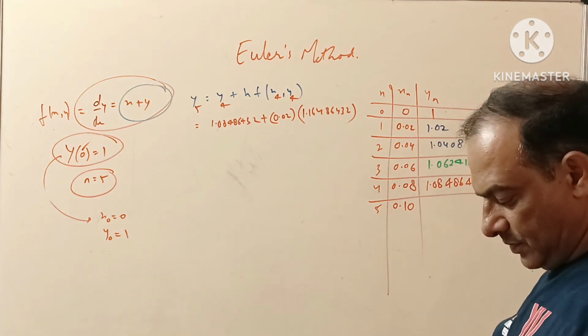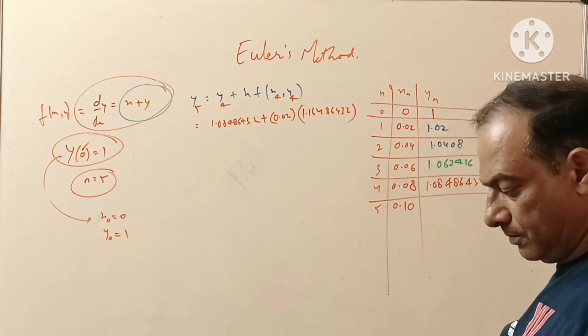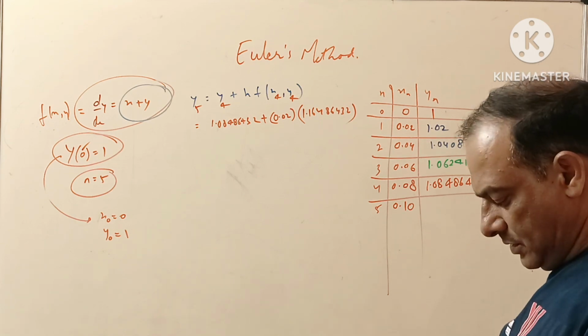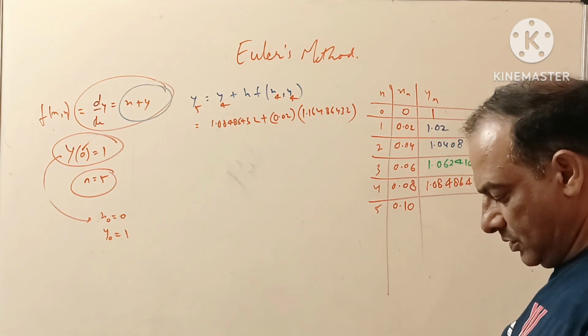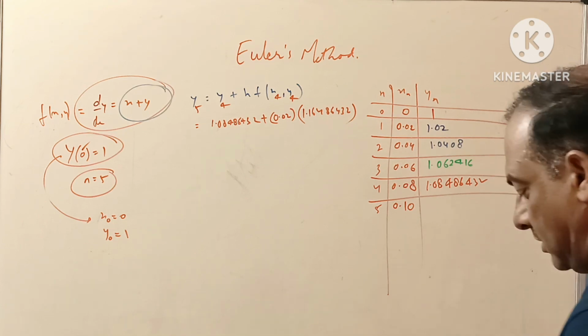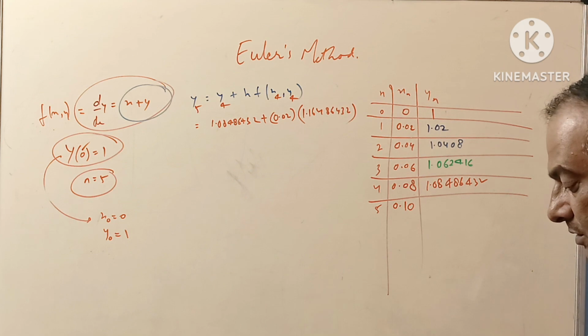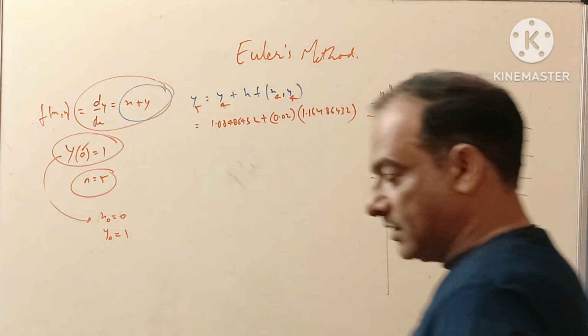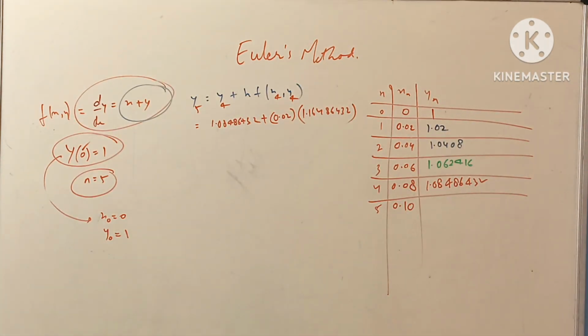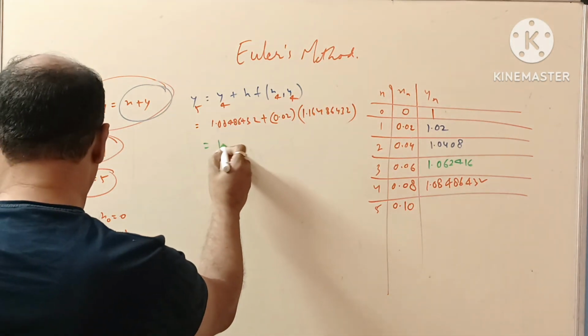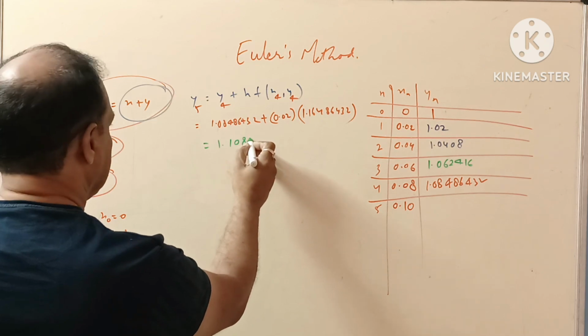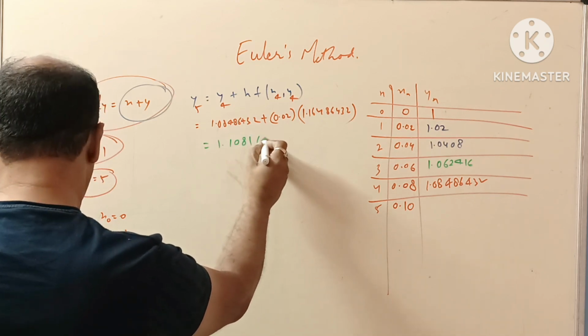1.08486432 plus 0.02 times 1.16486432. Okay, this is the whole answer, and the answer here is 1.108161584.